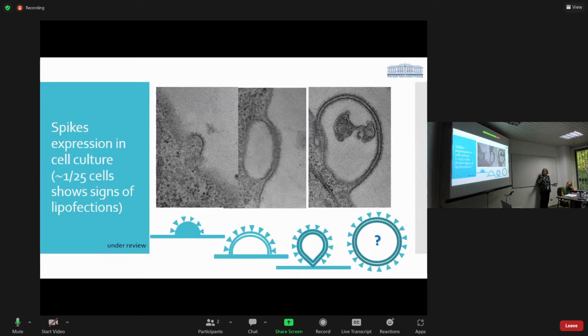This kind of cellular extension is quite strange and not usually seen in cell culture, but you can see here very nice spike proteins on the cell after 12 hours.